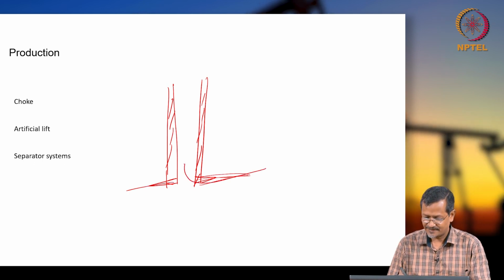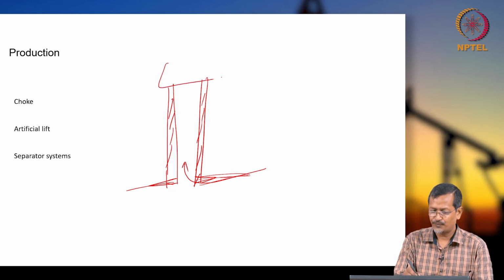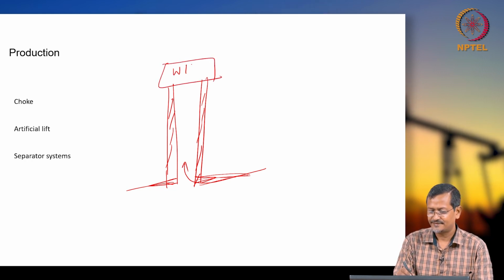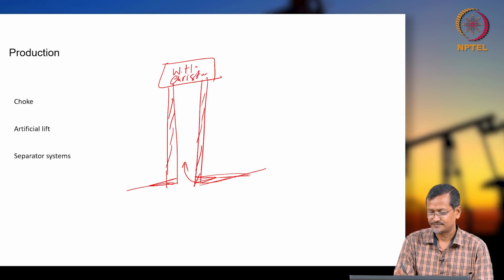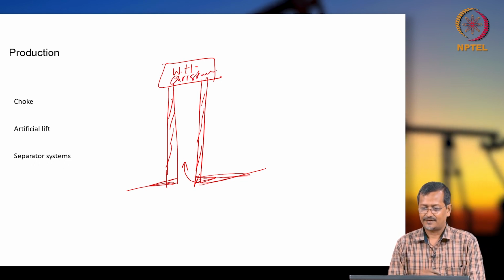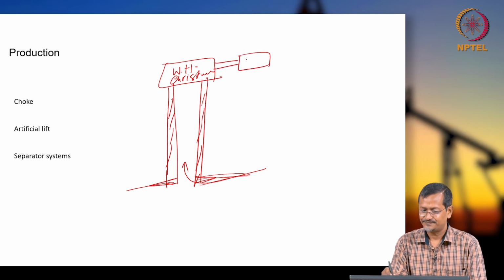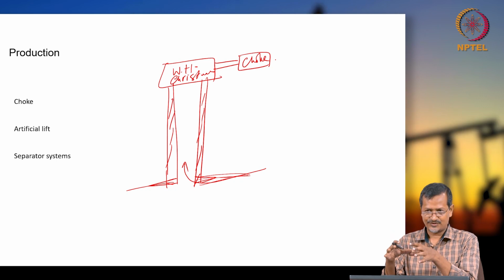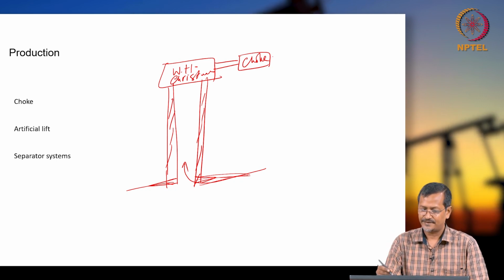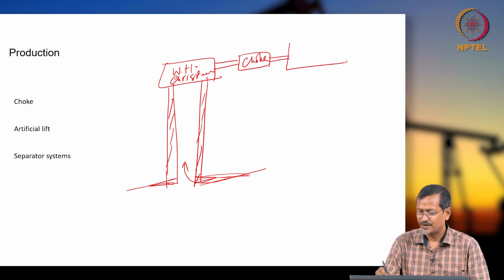Now you are getting production, you put the wellhead, Christmas tree. Okay, you put a choke also, choke to control flow. Okay, the choke's purpose is to control flow. Then after that you should have a separator system.